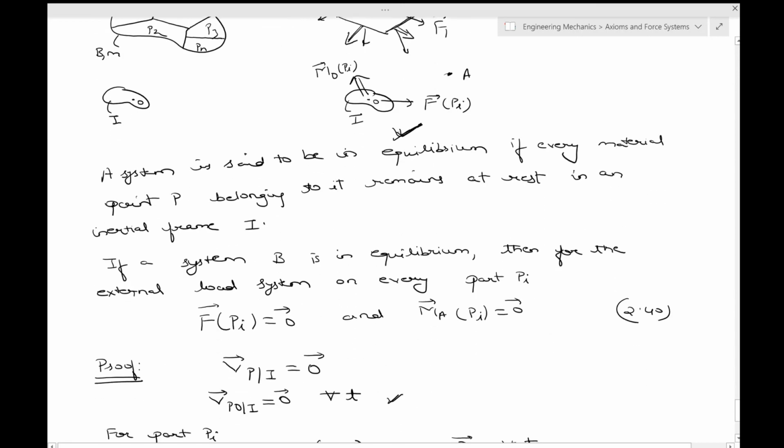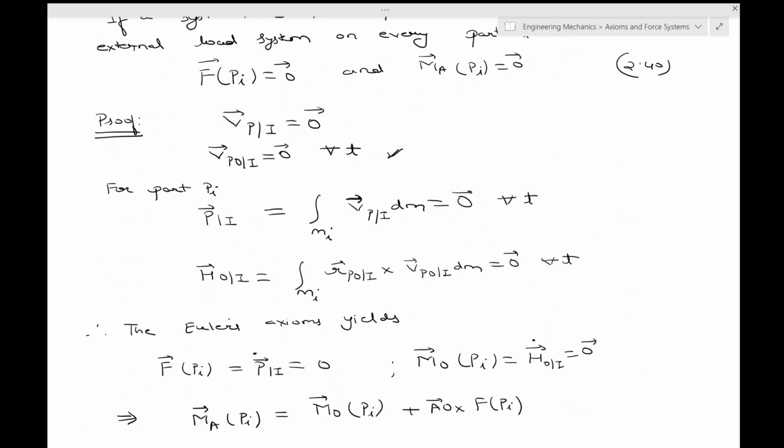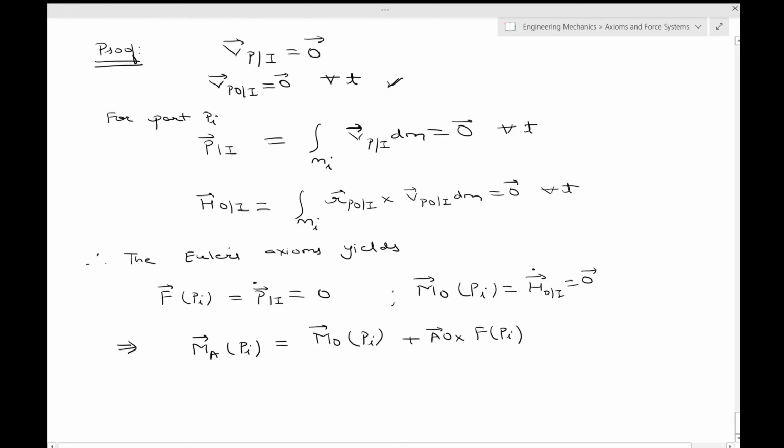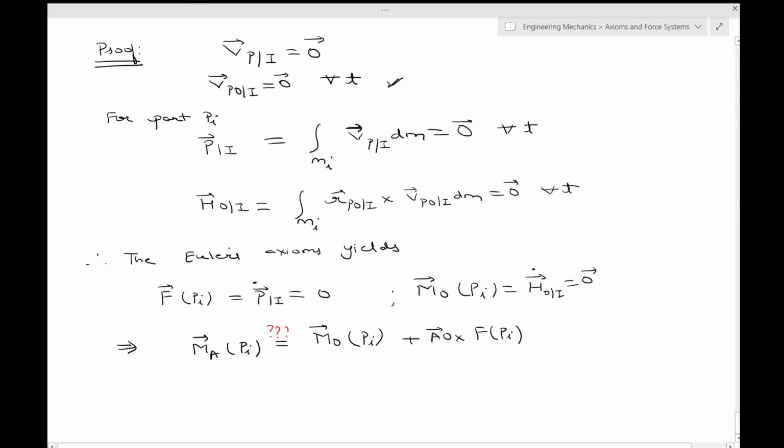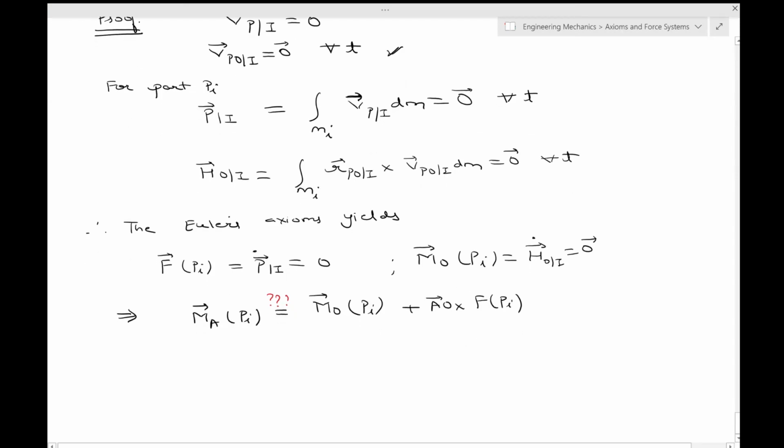So this is the relation. Again, please recall where and how we had derived it. Let no doubt creep in your mind. This is equal to 0. Why? Because this quantity is equal to 0 and this quantity is equal to 0, F of Pi. So that makes it equal to 0.